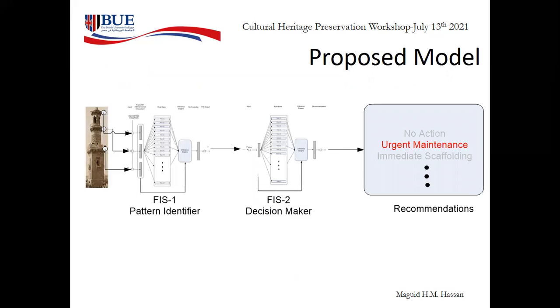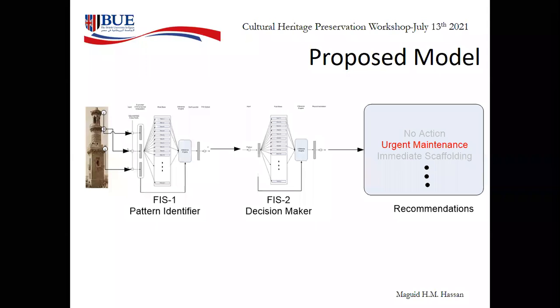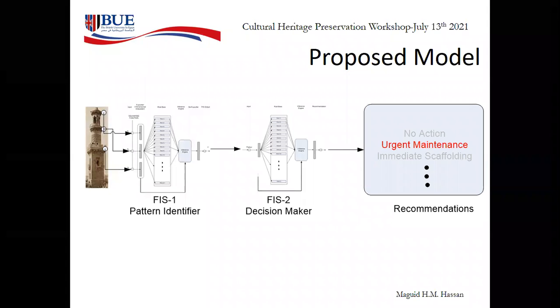Now, this is using what we have introduced as a pattern identifier. This is what we envision to be used in cultural heritage preservation. So we have, let's say, a minaret with sensors fixed on that minaret, and, again, this is a fuzzy model. We would have a fuzzy pattern identifier that would identify the deformed shape of this minaret at any point in time.